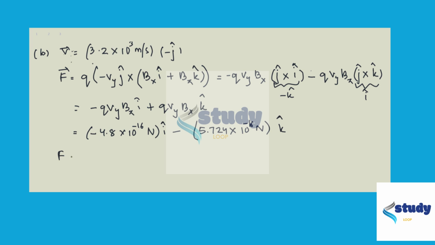So the magnitude is going to be the square root of Fx squared plus Fz squared, and we get this value to be 7.47 times 10 to the power minus 16 Newton.